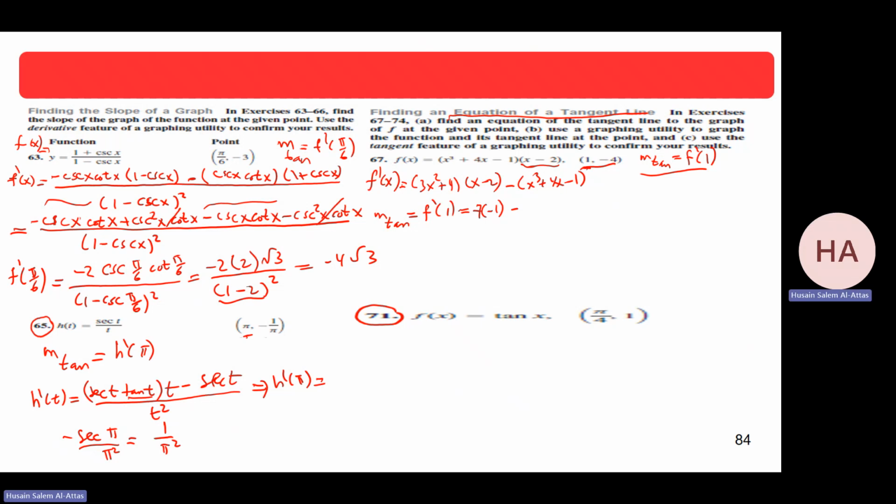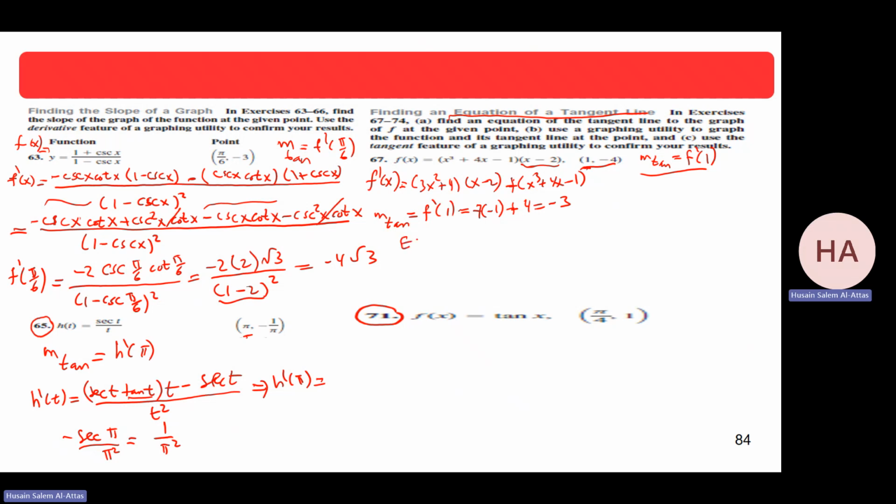Maybe I made a mistake somewhere. This is 7 minus 2 minus, oh, it's not minus, it's plus, sorry, it's a product. So this is plus 4. So the answer is minus 3.